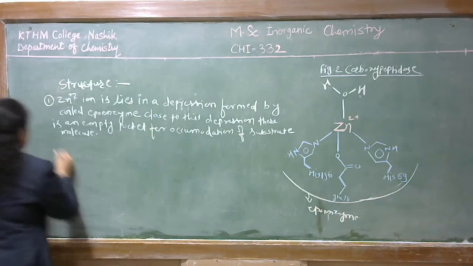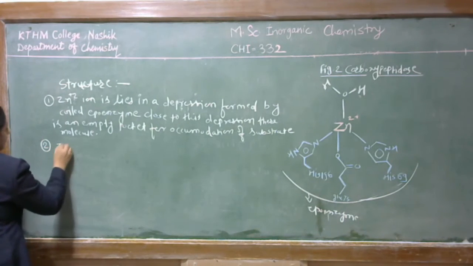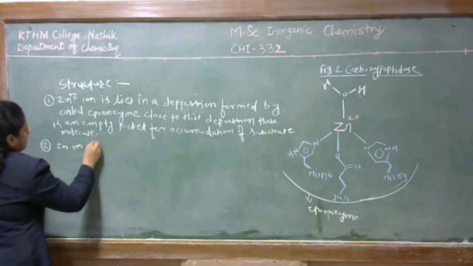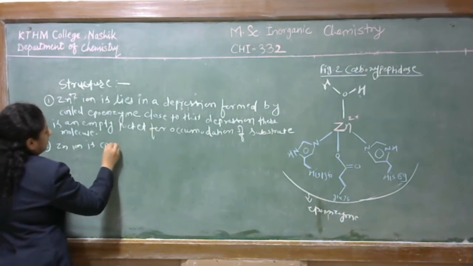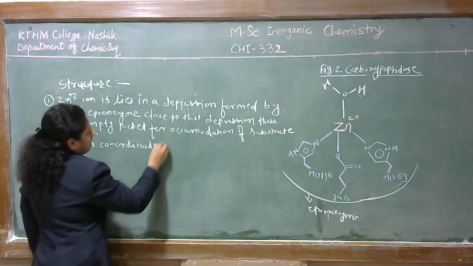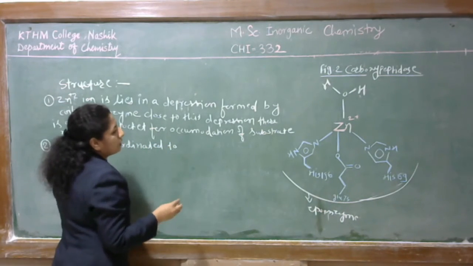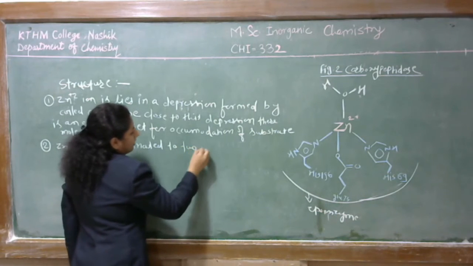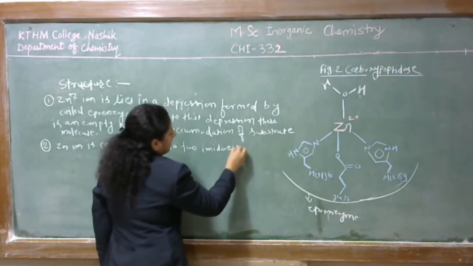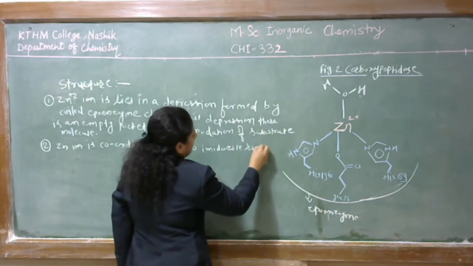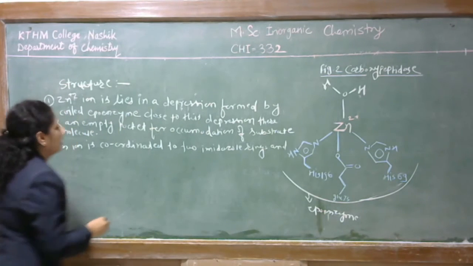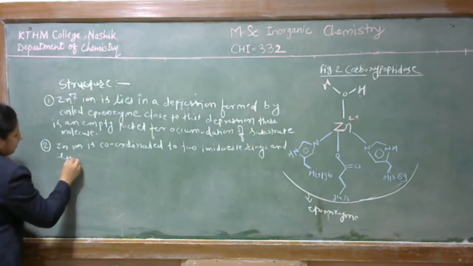And in the second point, the zinc ion is coordinated to two imidazole rings and a glutamic acid residue.